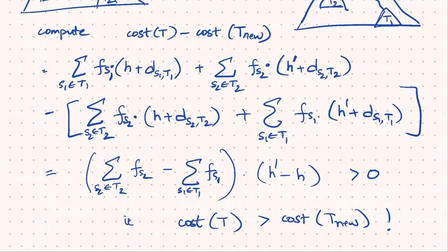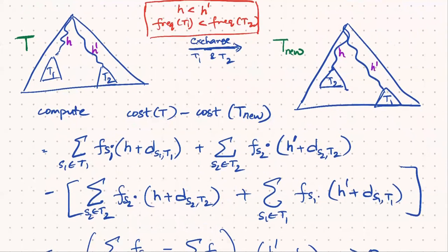This is what is going to give us our algorithm that works. Why? What have we observed? We have observed that by doing this exchange here, if we had a scenario where we have these subtrees T1 and T2 such that the frequency of T1 is less than the frequency of T2, I can just by exchanging these two subtrees, T2 and T1, get a tree whose cost is lower.